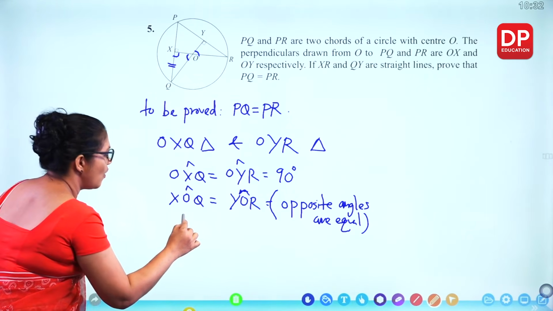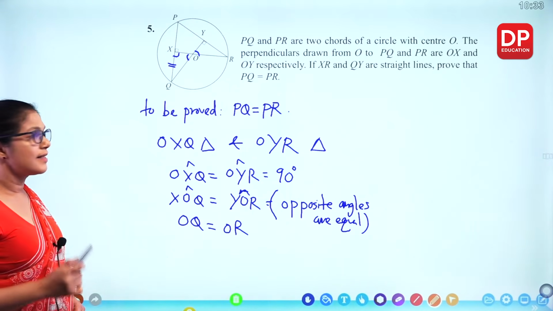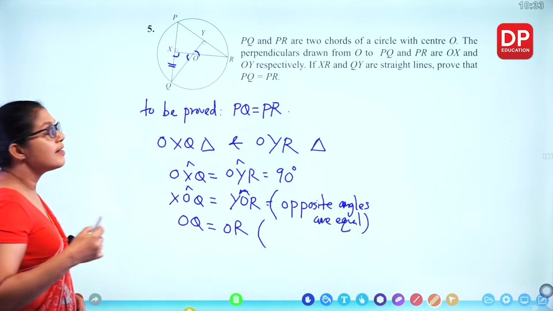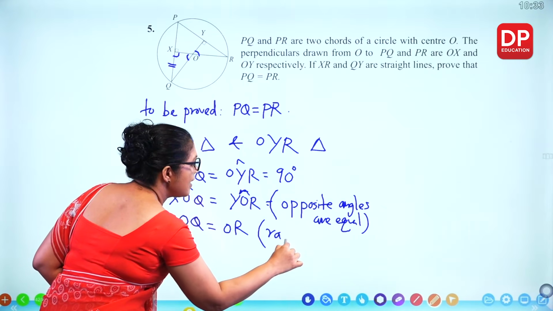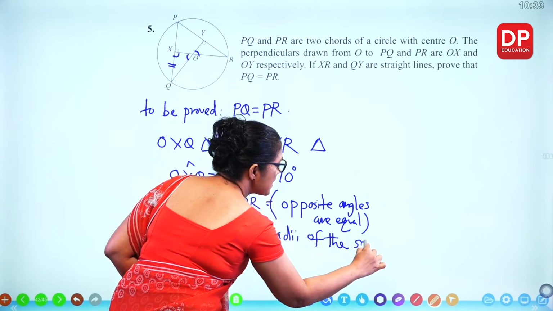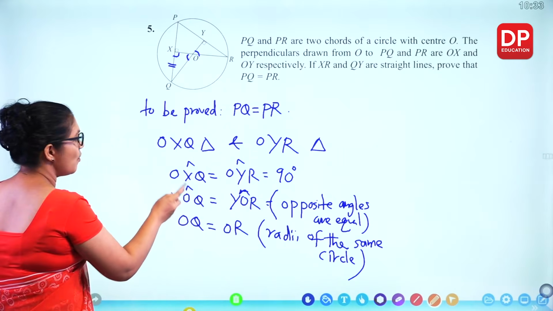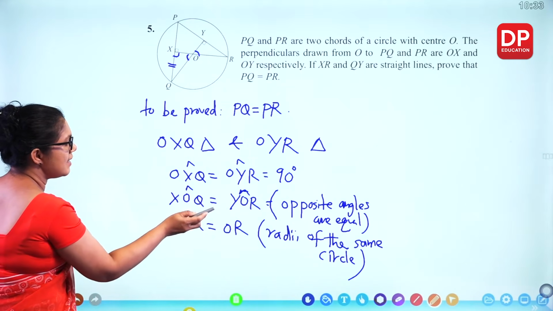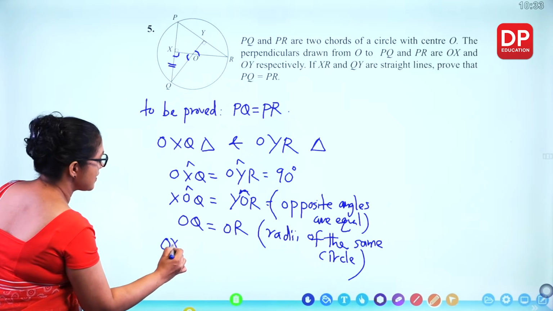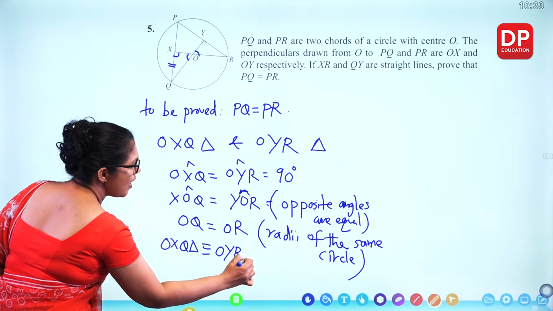Now look at these two triangles. We see OQ is equal to OR. What's that? That's the radius. OQ and OR are radii of the same circle. Now according to this angle and a side, we can say OXQ triangle is congruent to OYR triangle.